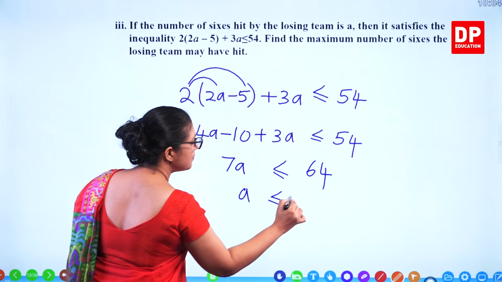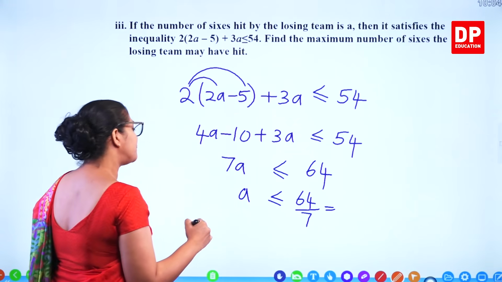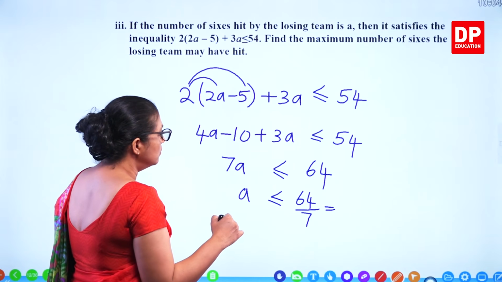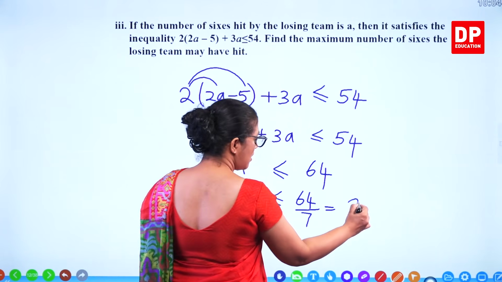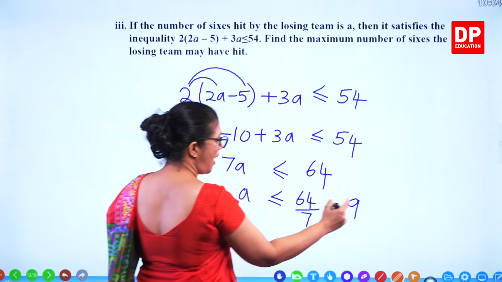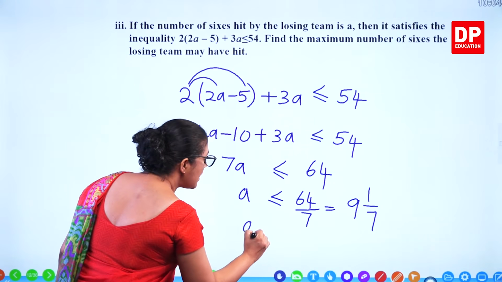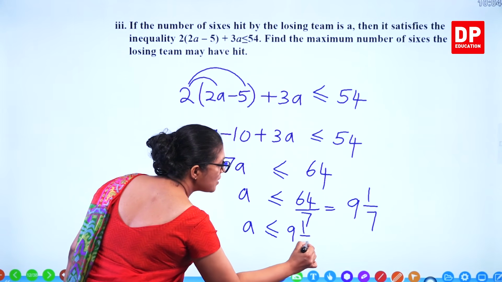Divide by 7. 64 divided by 7, what's the value? 7 times 9 is 63, and 1 remaining, so 1 over 7. So A is less than or equal to 9 and 1 over 7.